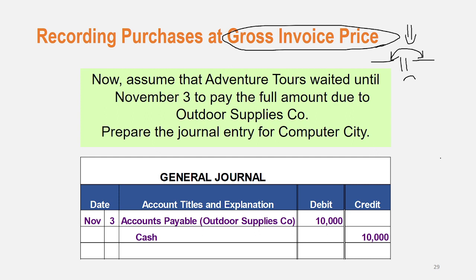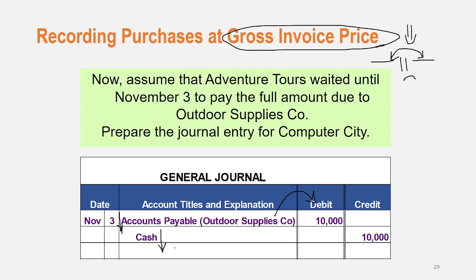In this case, accounts payable is decreased. Accounts payable is decreased because the total amount of liability is decreased, and a decrease of accounts payable and liability is considered a debit. And also the cash is decreased because we use cash to settle our liability or pay for accounts payable.